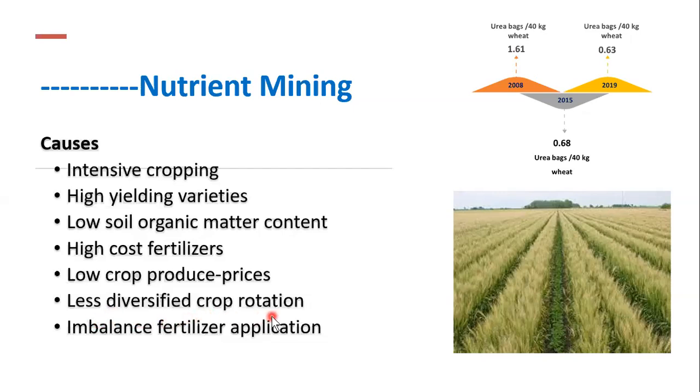Less diversified crop rotations. If we have less diversified crop rotation, it means the soil is being exhausted, and if we don't have restorative crops in that, for example, the leguminous crops, that will affect the nutrient concentration in the soil.